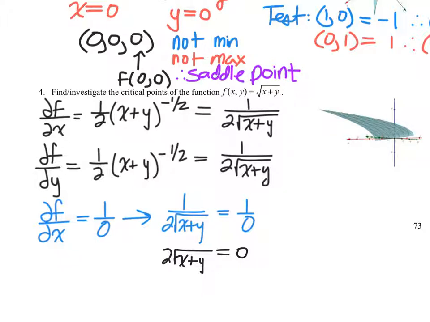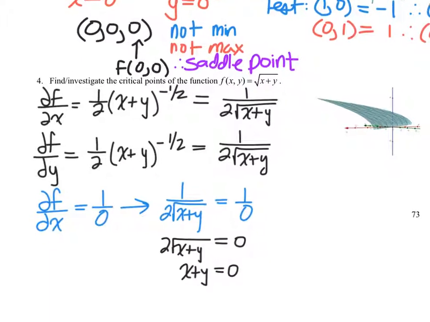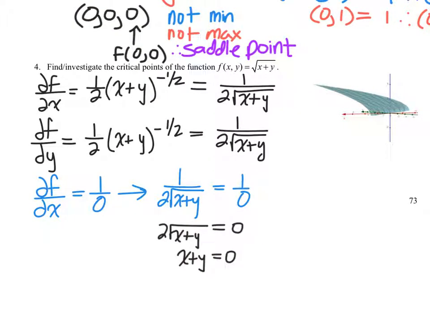Root(x plus y) is equal to 0. You could divide out the 2, and square both sides, in which case you get x plus y equals 0. Ultimately you get a relation between x and y: y is equal to negative x.